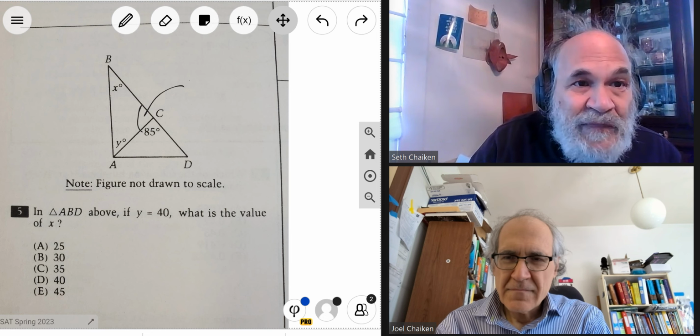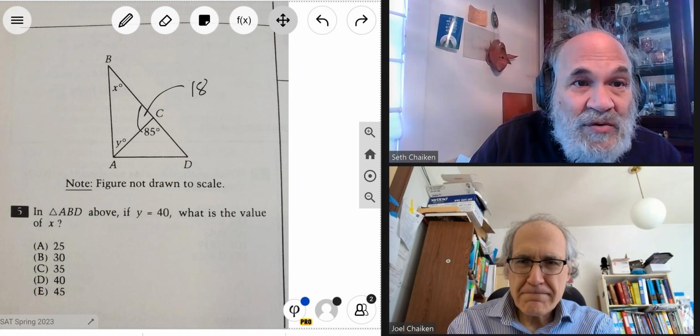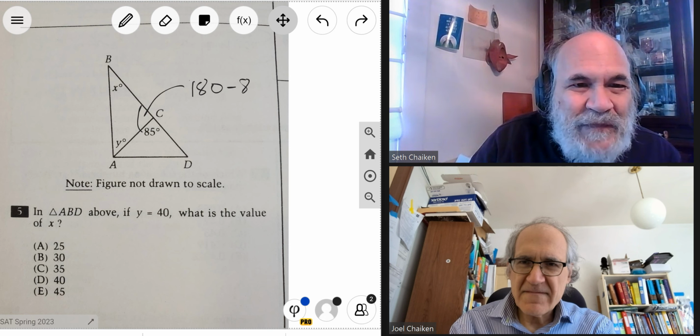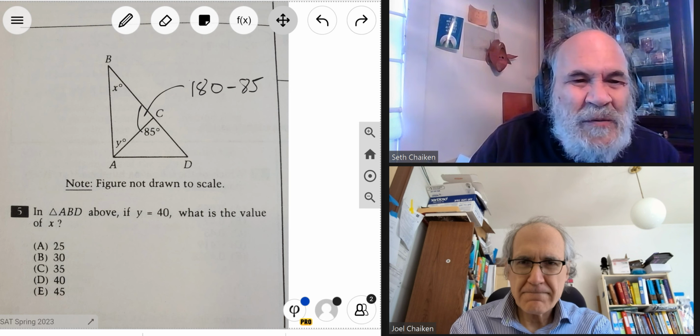This angle is the supplement of the angle of 85 degrees that we know.